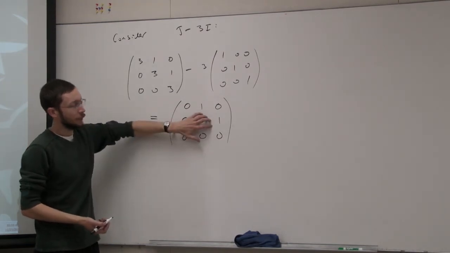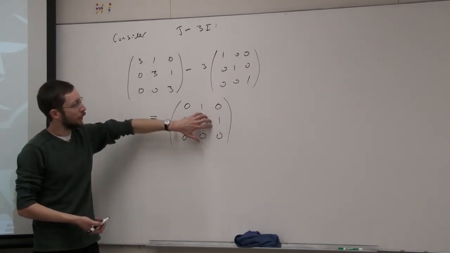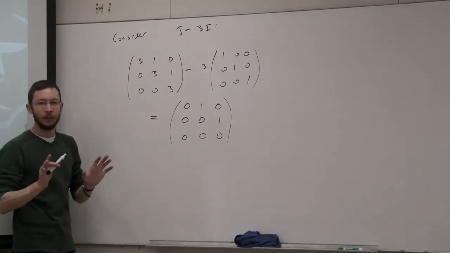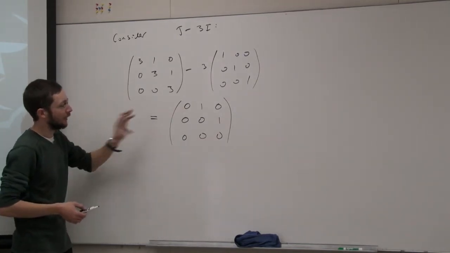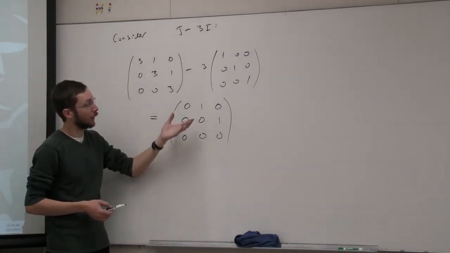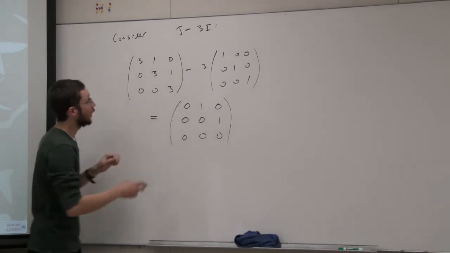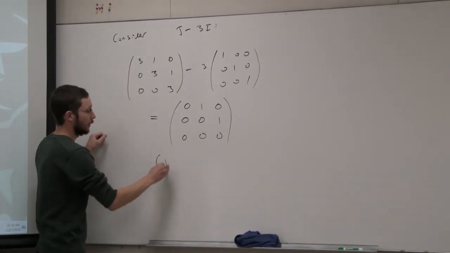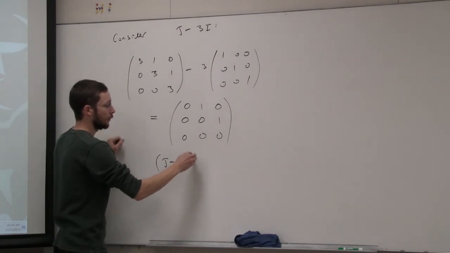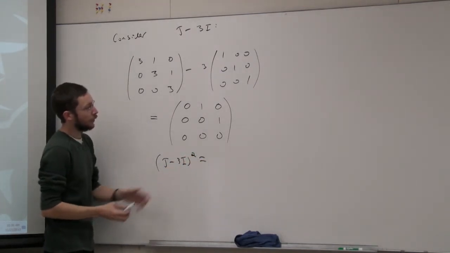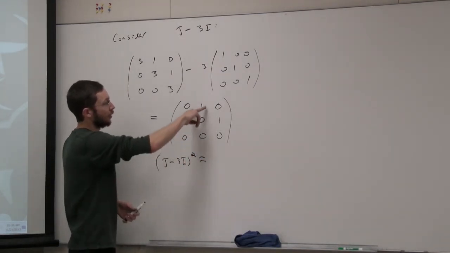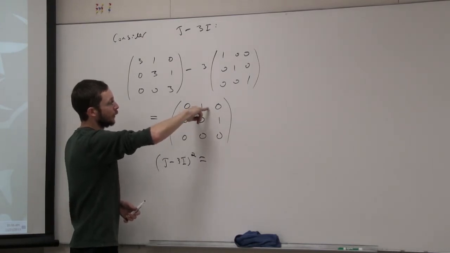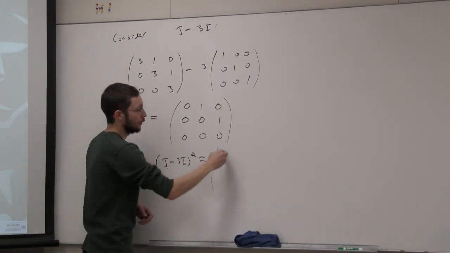And now, let's go and consider powers of this thing. You may not know exactly where we're headed with this just yet. But let's go ahead and take powers of J minus 3I. J minus 3I squared, we're just going to multiply this thing by itself, right? So this row times this column gives you 0.